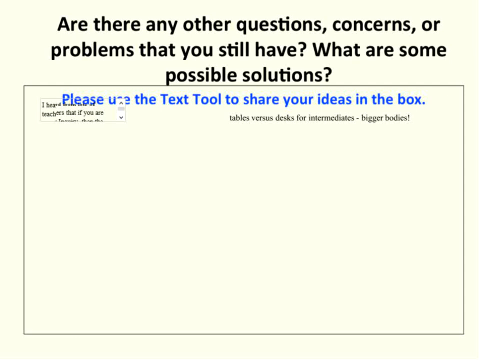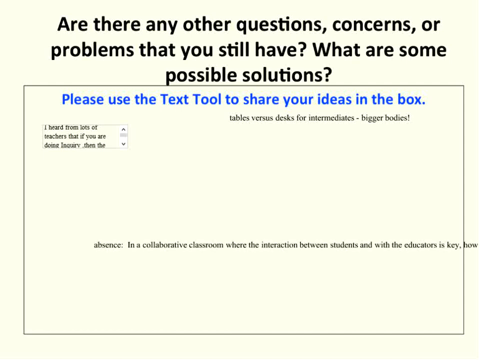I don't think it's true that if you're doing inquiry, the curriculum can't be finished. I think it is important that we don't look at the curriculum as a checklist. What we are responsible for teaching are the overall expectations. The specific expectations are ones that address the overall.